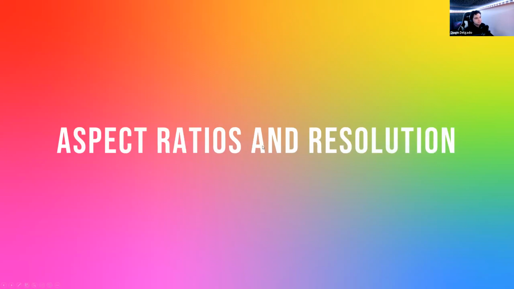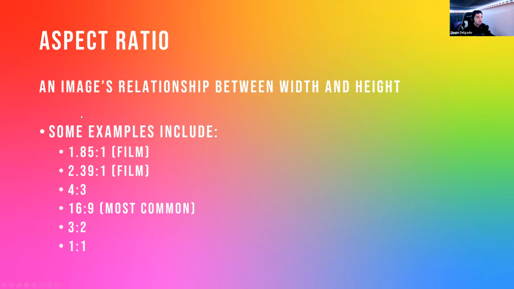Okay, so moving on, we have aspect ratios and resolution. Again, if you were in last month's class on Premiere Pro, you might remember aspect ratio. An image aspect ratio refers to an image's relationship between width and height. Some examples include 1.85 by 1, 2.39 by 1, 4 by 3, 16 by 9, 3 by 2, and 1 by 1.